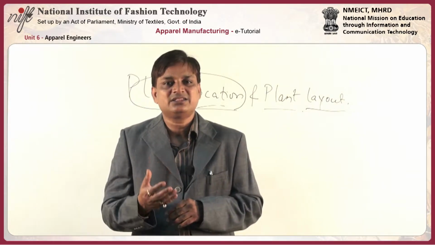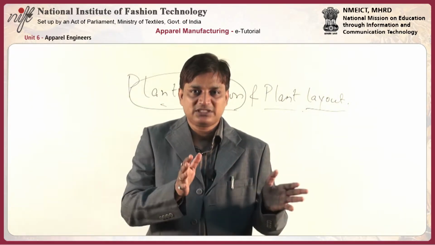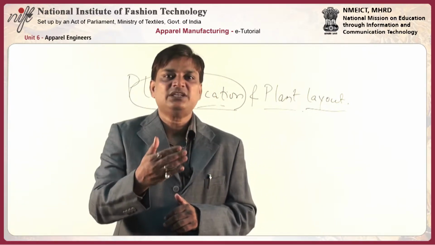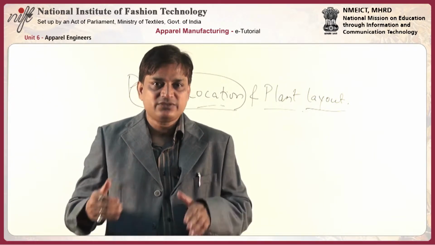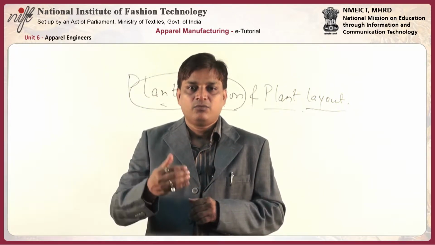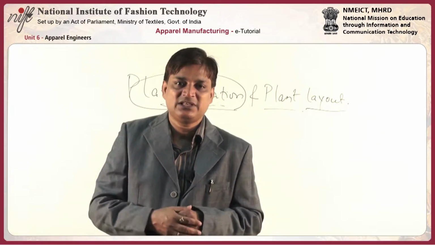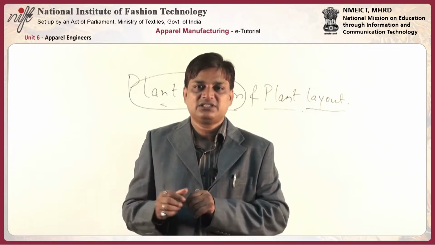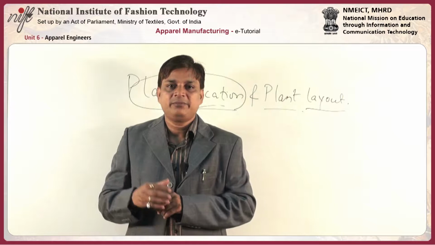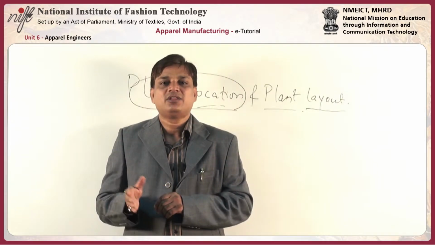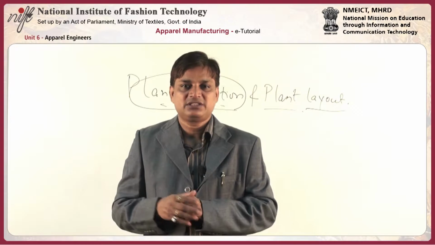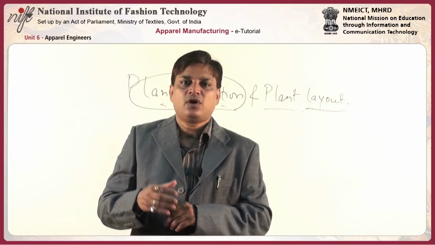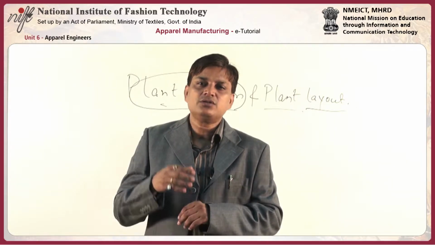The operation bulletin is a record of the equipment types required for the production of that particular good, the machine attachments, the workplace engineering aids, and the standard time for each operation, that is, the SAM for each operation. It extends to include the hourly or period target for each operation, manpower requirement and equipment requirement.